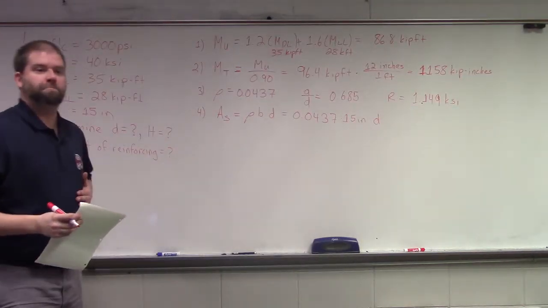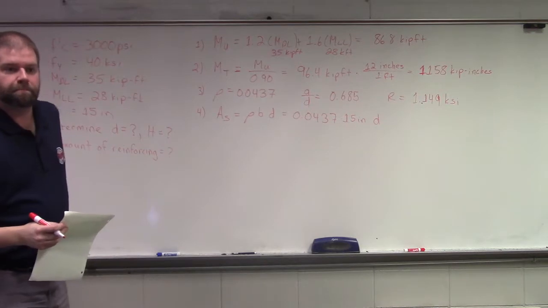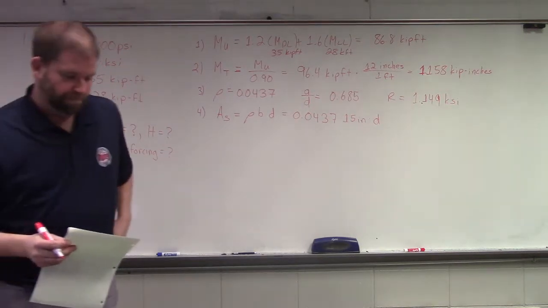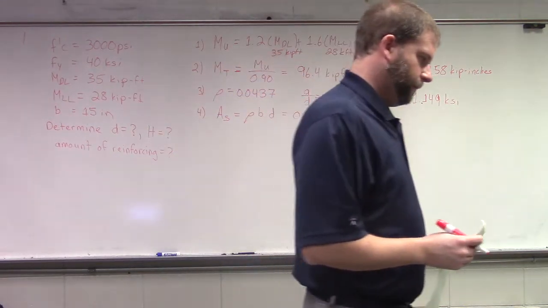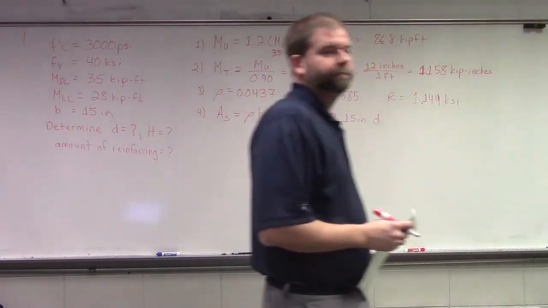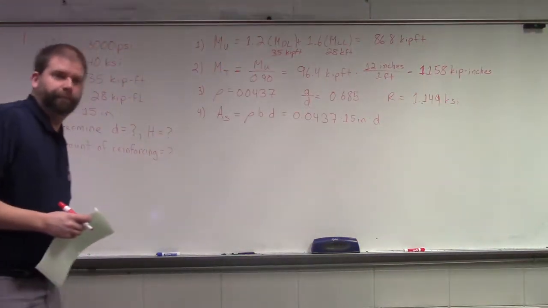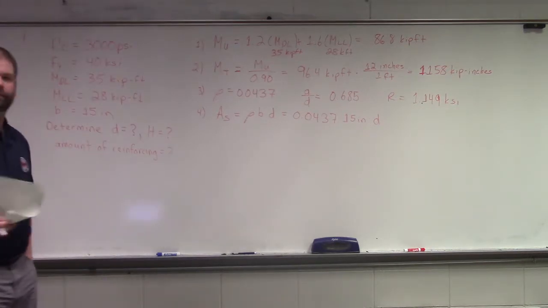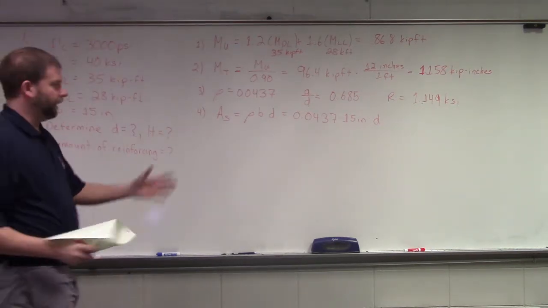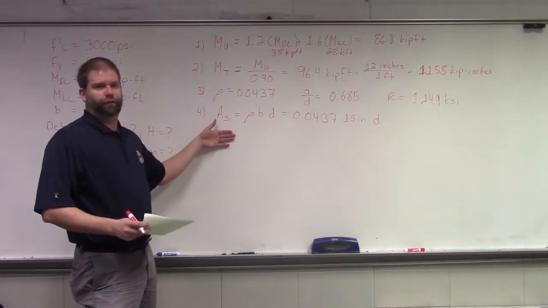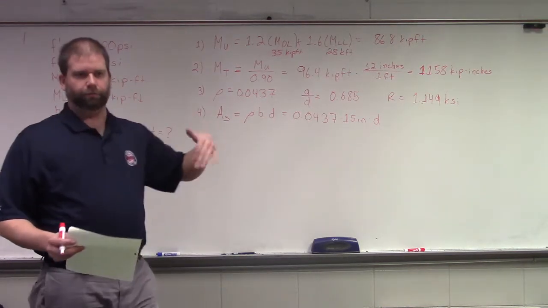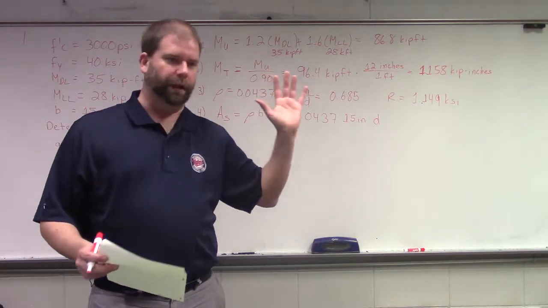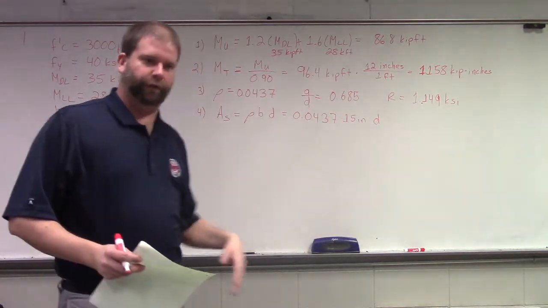Remember when I pointed out that d equals the square root of M_T over R b? Would it be sufficient to just use that? Yeah, absolutely. If you want to do d equals the square root of M_T over R b first, by all means, and then go and solve for the area of steel.